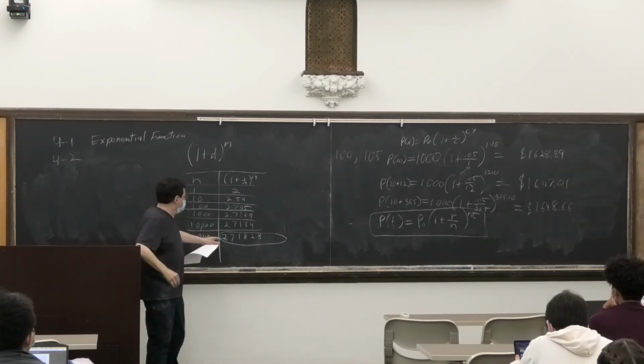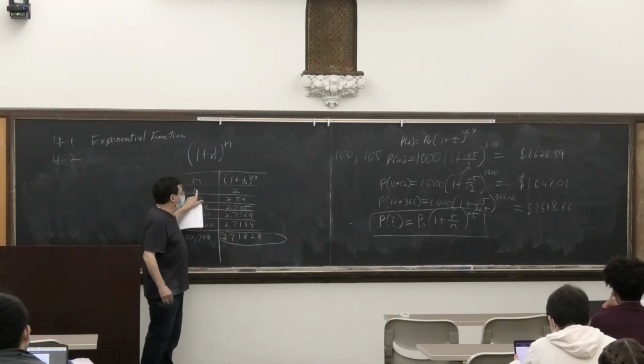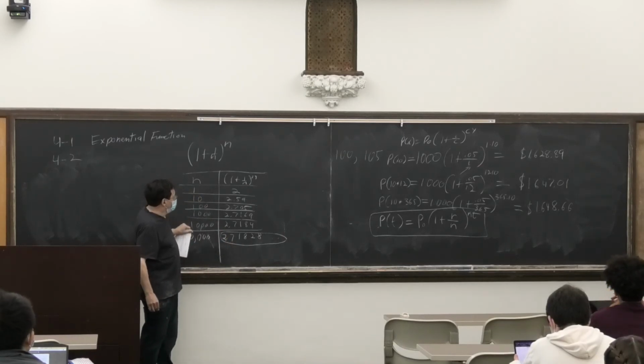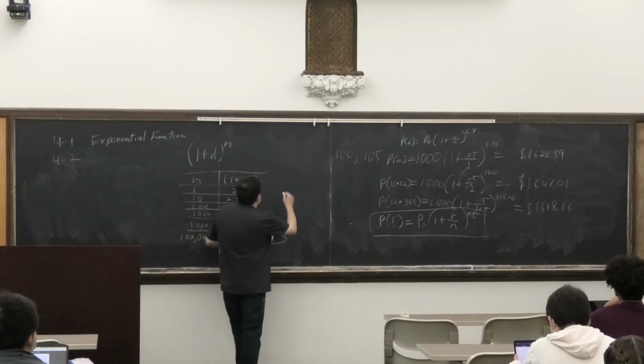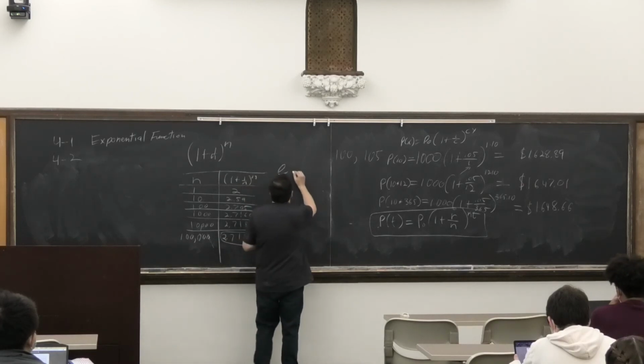Okay, this is one of the most important numbers in mathematics. It really has a lot to do with things other than compound interest. It's so important that it gets its own letter, e, and this is called Euler's constant.